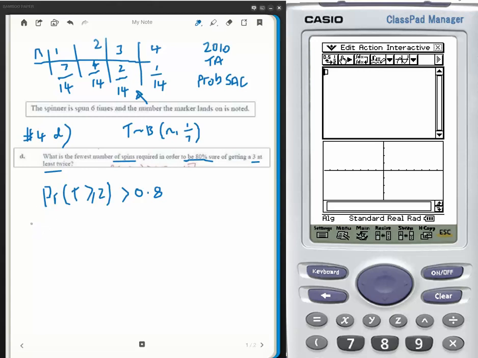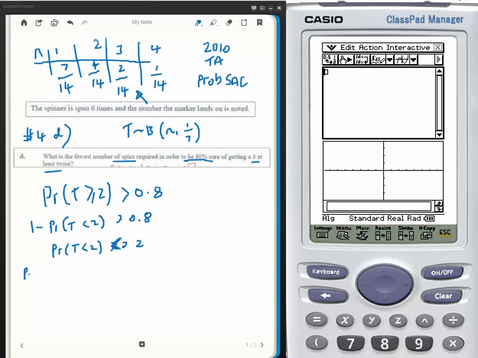I'm going to turn this around and make it 1 minus the probability that t is less than 2 is going to be greater than 0.8. Which means the probability that t is less than 2 is less than 0.2.